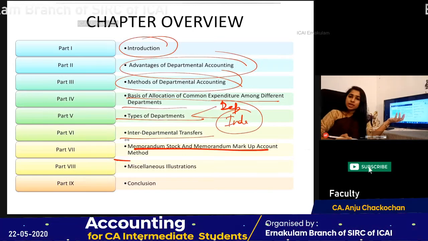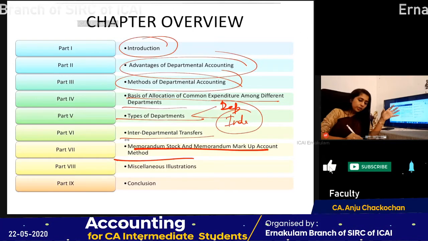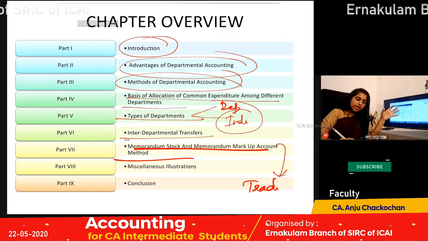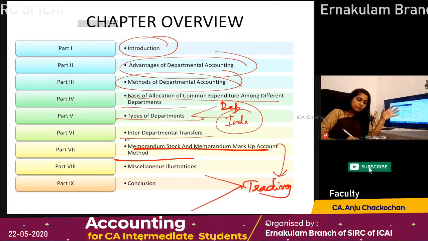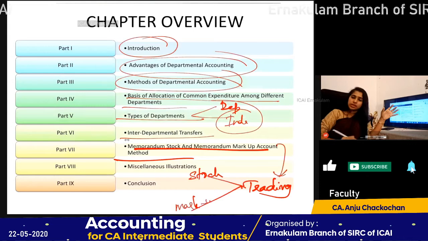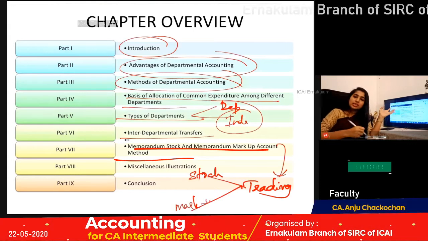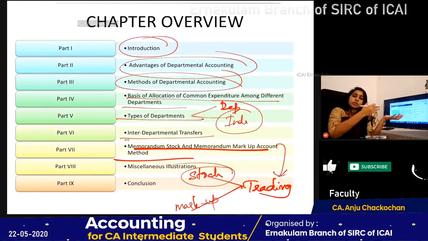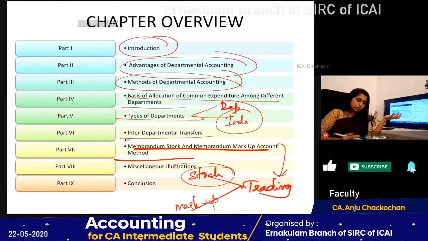Memorandum stock and memorandum markup account: what we have to know in this case is that you have the trading account, and you are splitting it into two. One is the stock account and the other one is the markup account, nothing more than that. In the stock account, along with the cost of the opening stock and purchases, we add the GP percentage also.